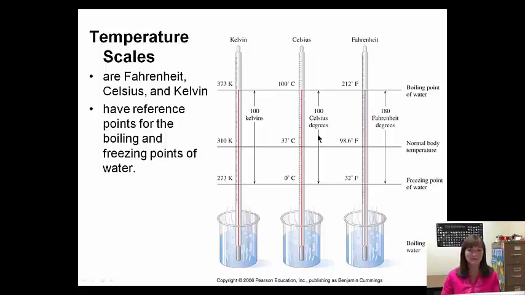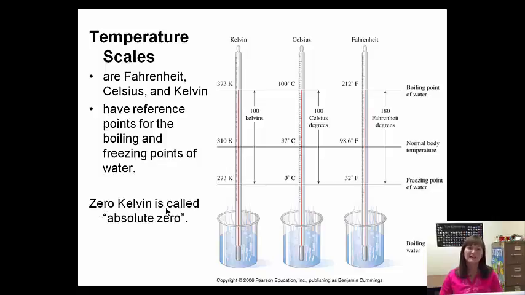So the difference between freezing and boiling in the Celsius scale is 100 degrees, and between Kelvin freezing and boiling is 100 Kelvin. So the tick marks are the same distance apart in the Celsius and Kelvin scale. In order, the difference between freezing and boiling in the Fahrenheit scale is 180 degrees.